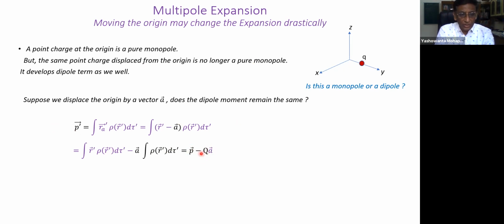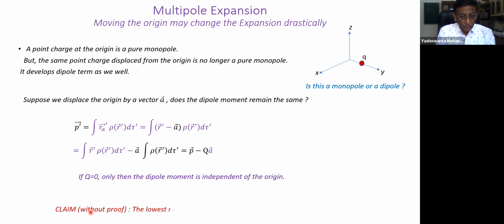There is a general claim that, of course, I mentioned that if Q is equal to 0, only then the dipole moment is independent of the origin. There is a stronger claim which you will not prove here, but it is useful to keep in mind: the lowest non-zero multipole moment is always independent of origin.